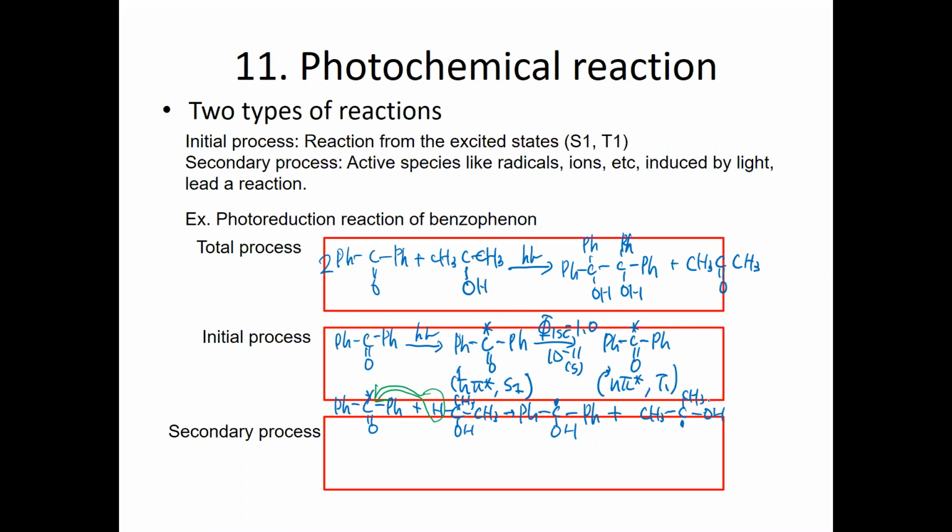And this is the propyl radical, which has a very strong reducing ability.